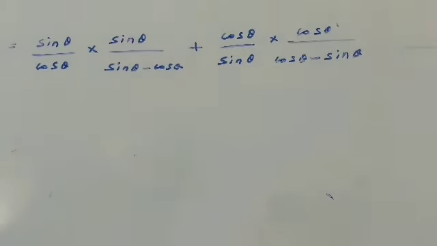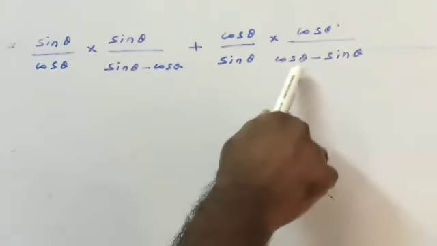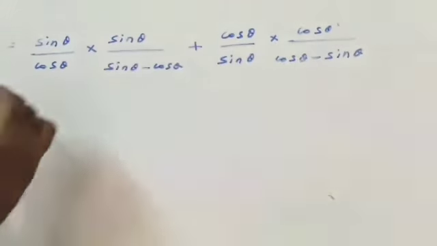In the denominator, sin theta minus cos theta, here cos theta minus sin theta, only the sign alone changed.